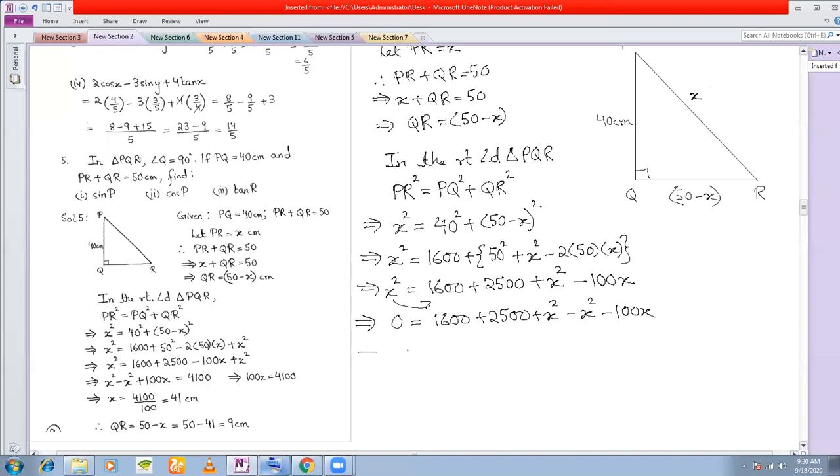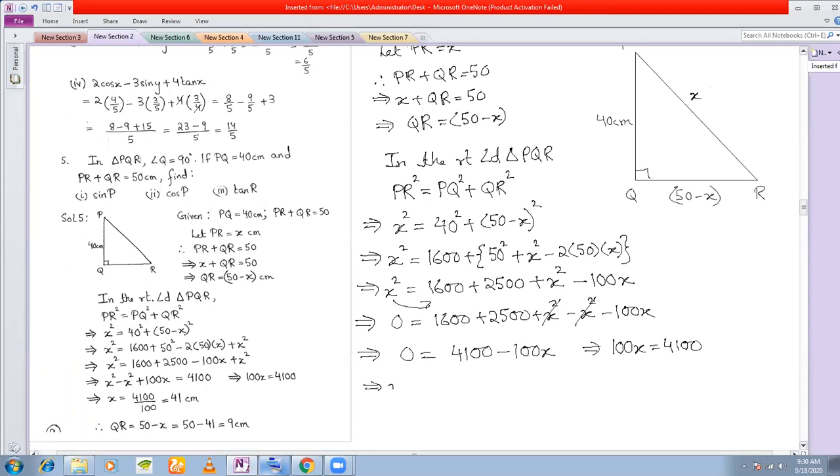So the x square cancels. You get 1600 plus 2500 to be 4100 minus 100x. That means you get 100x is equal to 4100.